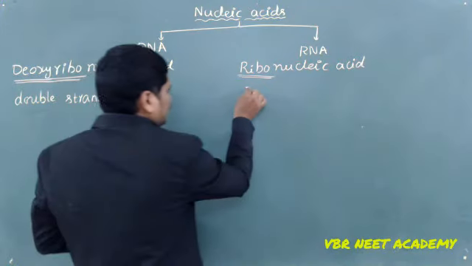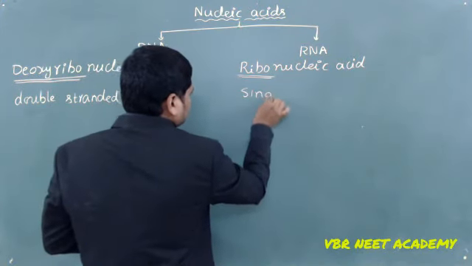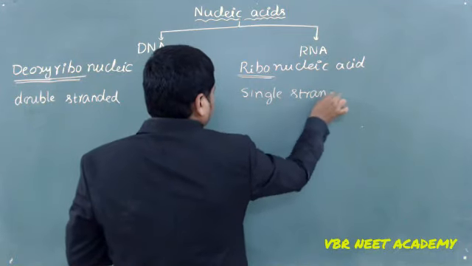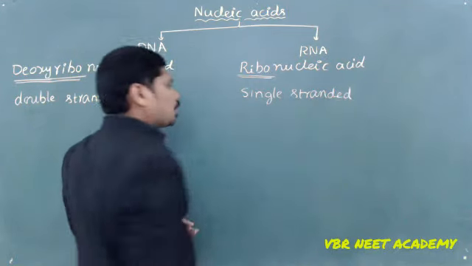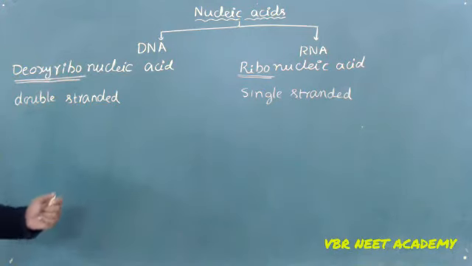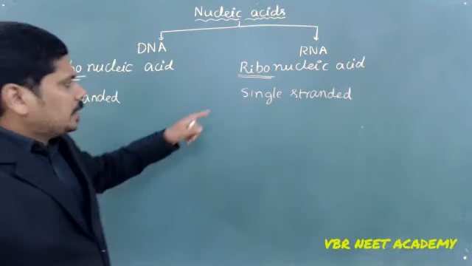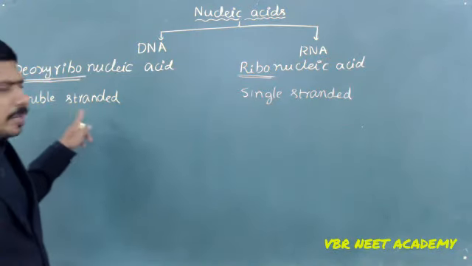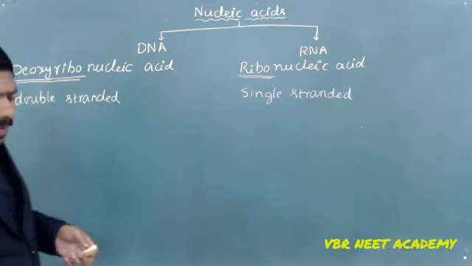Mostly this is single stranded. Mostly we are going to have some double stranded RNAs, but mostly it is single stranded. This is going to be double stranded. That's what you are going to have when you are taking DNA and RNA.